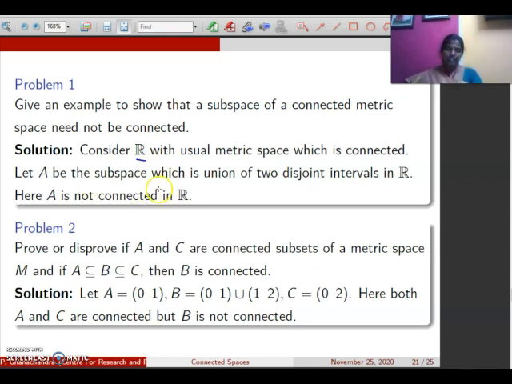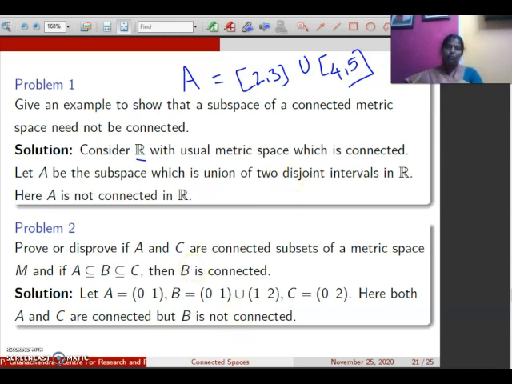Let A be the subspace which is the union of two disjoint intervals in R. For example, we can take A equal to the closed interval [2, 3] union [4, 5]. Okay, guys. So A is a union of two non-empty disjoint intervals. This A is not connected.